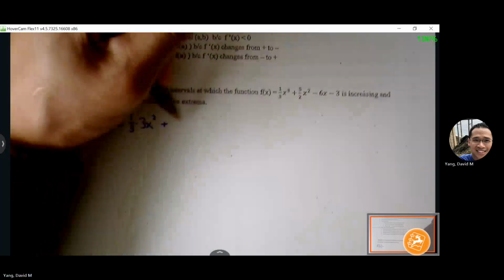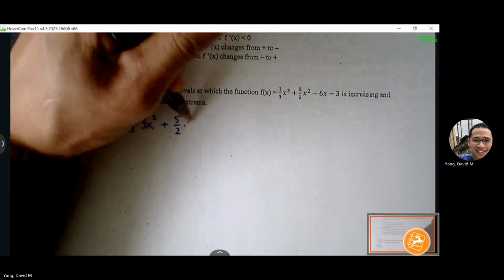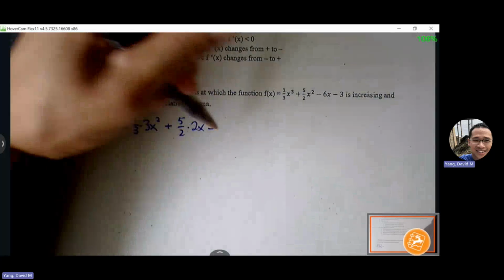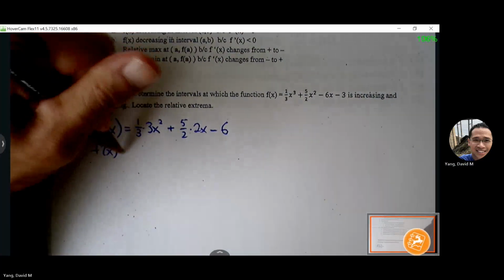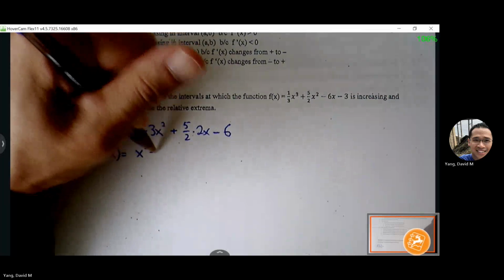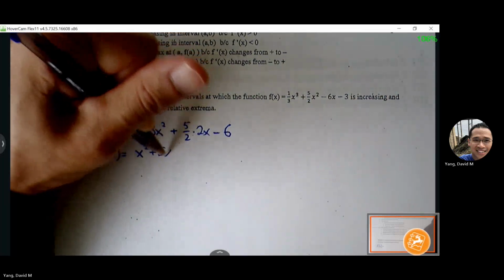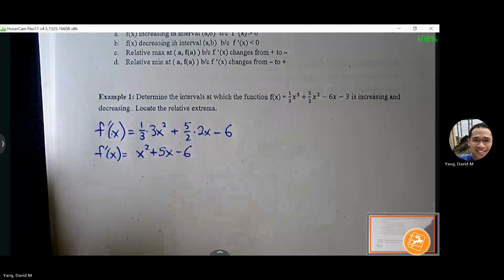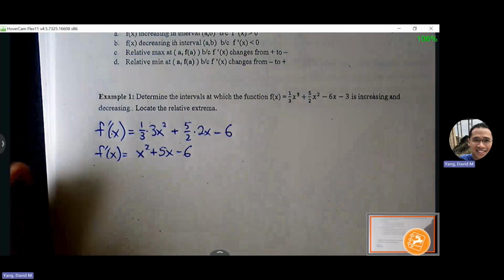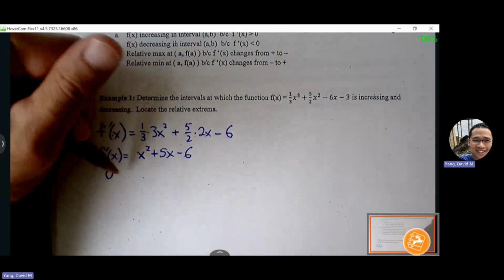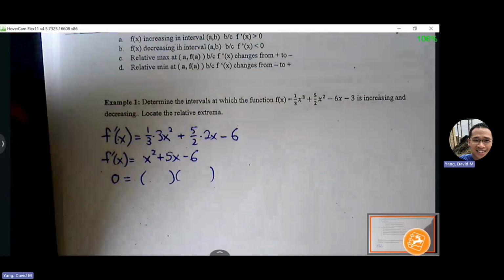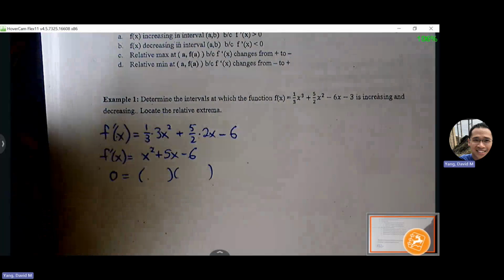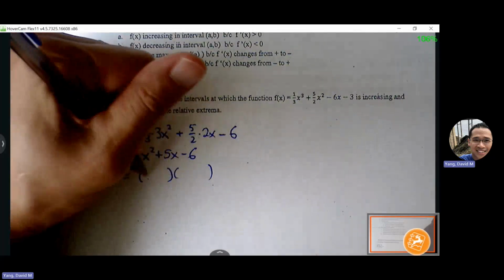Plus minus 6. Okay, so there's no denominator to worry about. We can just set the whole derivative equal to 0, and we can start looking for critical points by factoring. Multiplies to be -6, adds up to be 5.